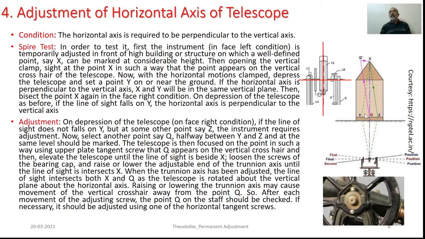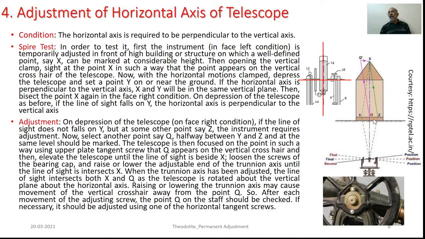Now change the face of the equipment and re-perform these. That is, with the face right condition, bisect station X, clamp the horizontal motions, rotate the telescope in the vertical plane. As the line of sight comes to the ground level, mark the point.